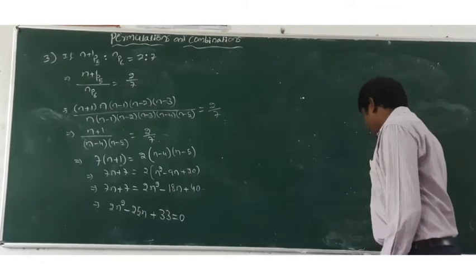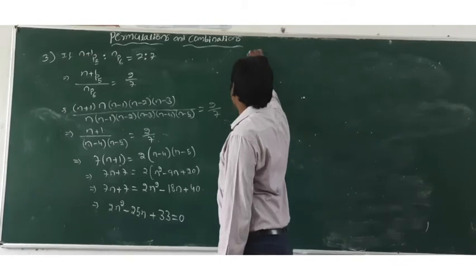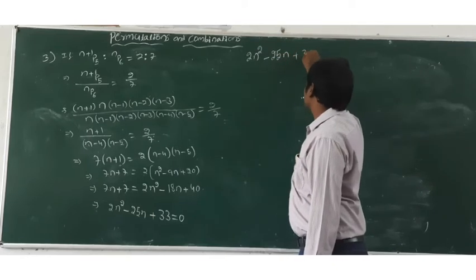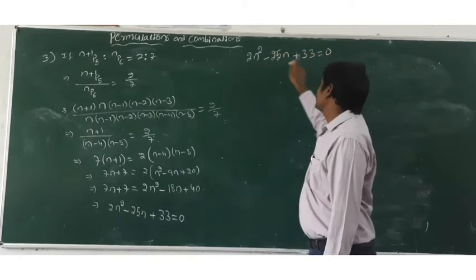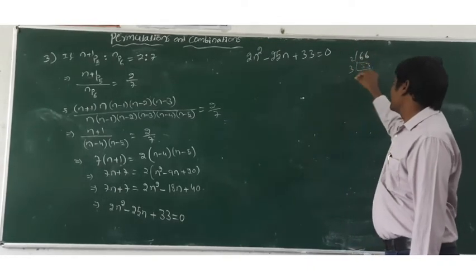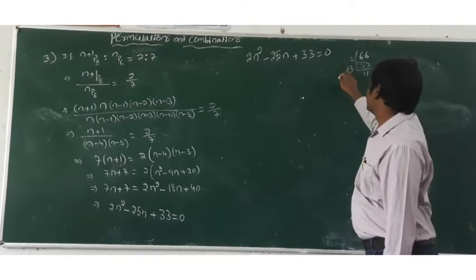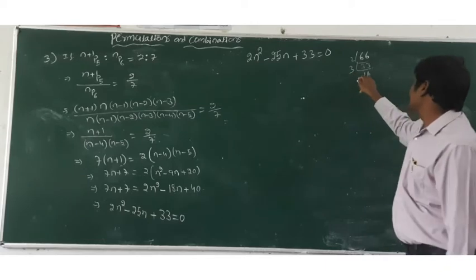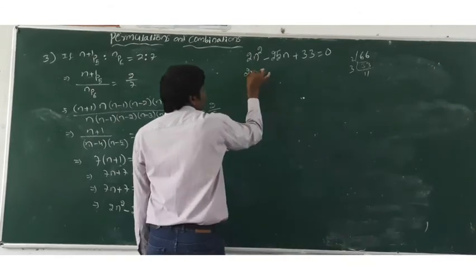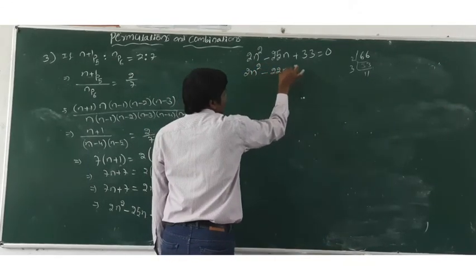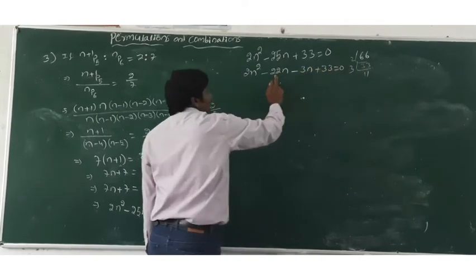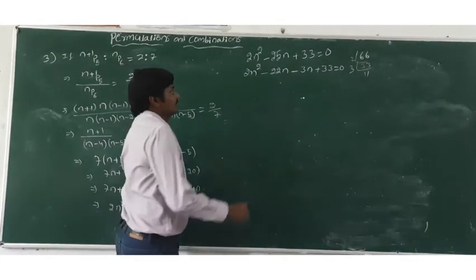Then find the roots. 2 into 33 is 66; we have 22 and 3. So 2n square minus 22n minus 3n plus 33 is equal to 0. The sum 22 plus 3 is 25 and the product is 66.